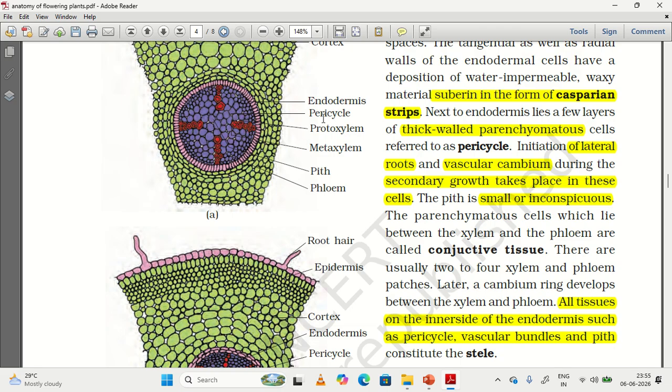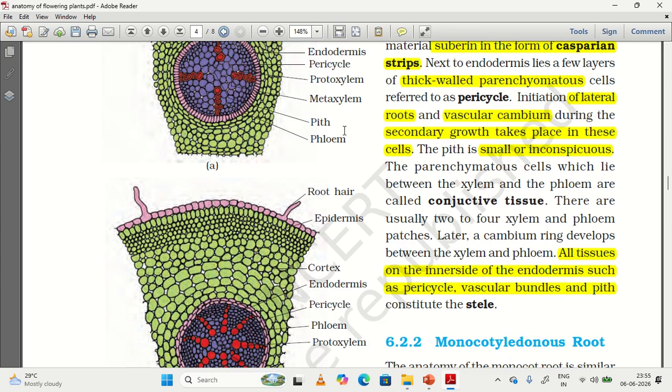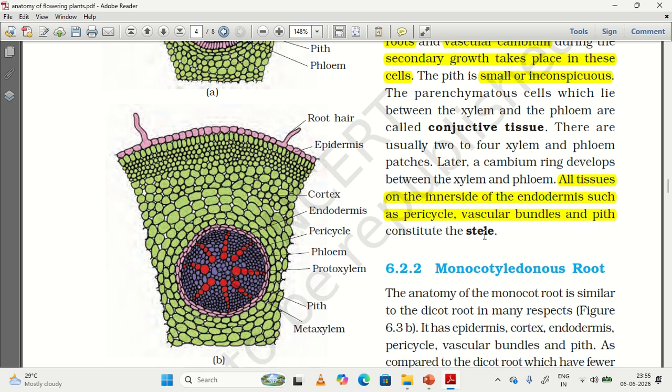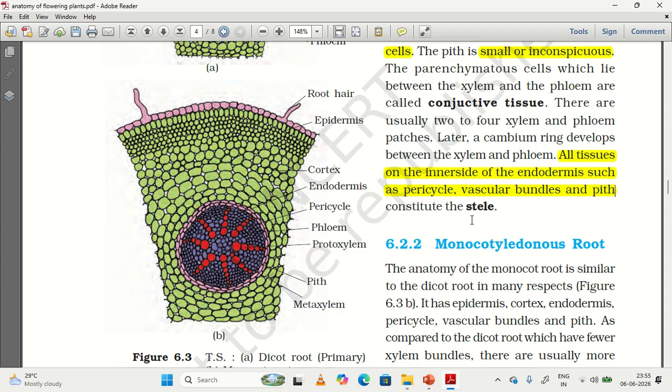So what constitutes the stele? That is the pericycle, vascular bundle and the pith. These three components form the stele. PVP. Okay, PVP pipes. They constitute the stele. The pipe is made up of steel. In that way you can remember.